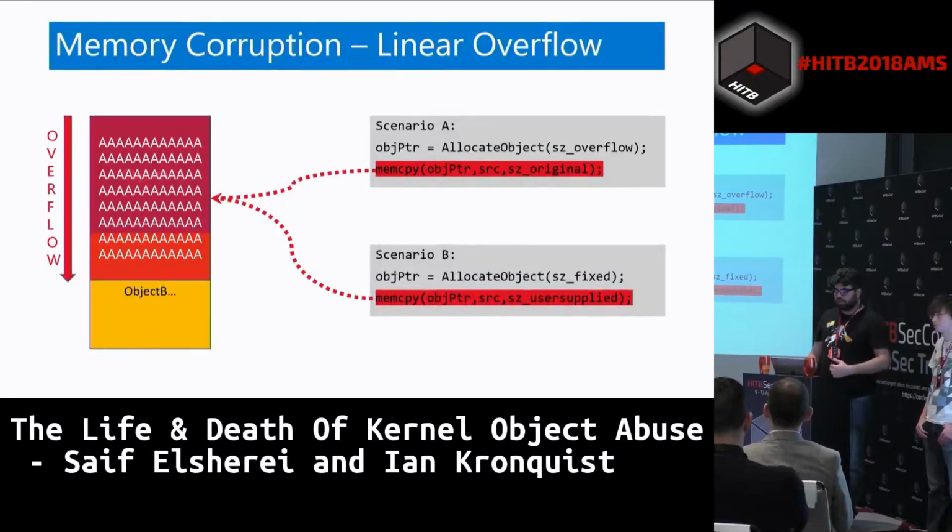In the second scenario, if the data copying function uses a user supplied size without checking that it is not larger than the fixed size of the object, then it will result in a linear overflow. And the reason it's called linear is because you overwrite adjacent parts of memory.